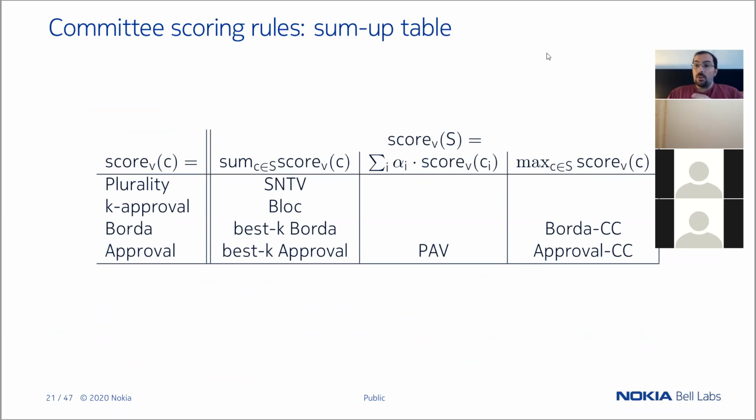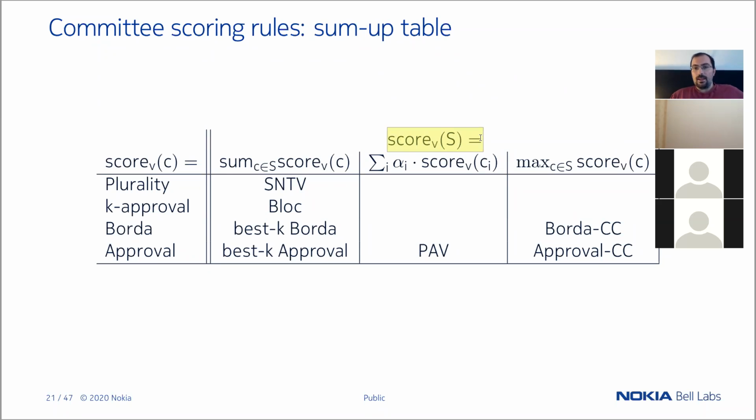So here is a little summary table of what we have done. Here is the way that a voter assigns a score to a single candidate: plurality, K approval, Borda or approval. Many other examples could be possible, but we have seen only these ones.